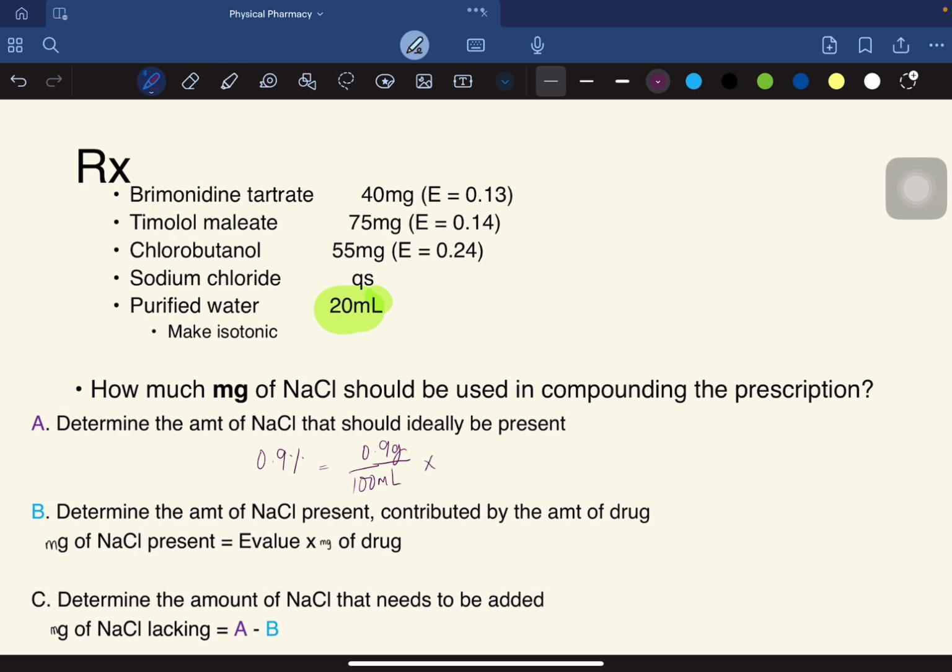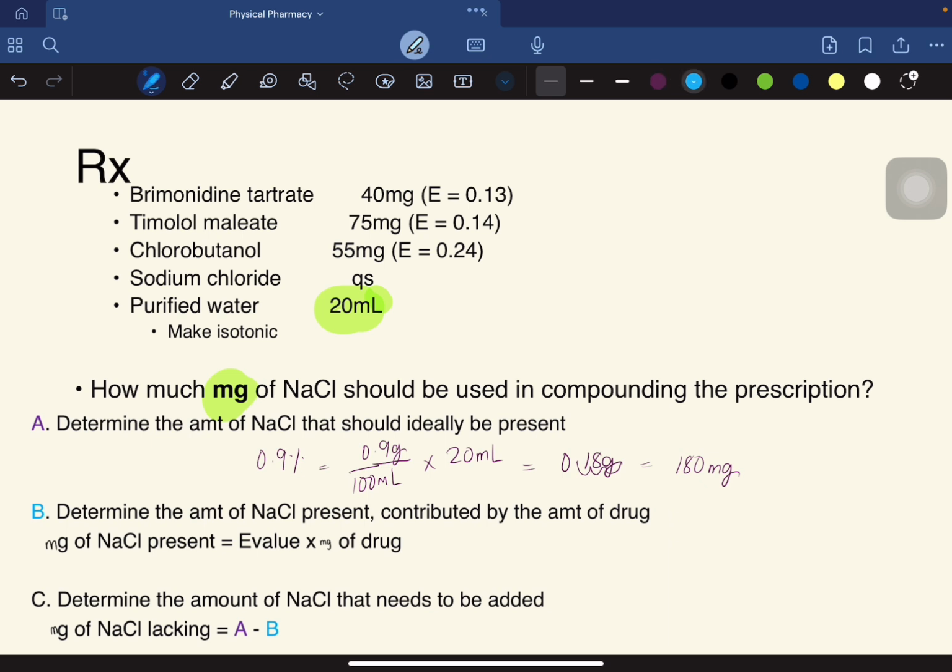So we are going to have to adjust this for 20 ml. So the answer to this is 0.18 grams. But if you look at the question, milligrams yung tinatanong for sodium chloride. So we are going to have to convert grams to milligrams. Recall your basics, 0.18 grams would be 180 milligrams. So that is the ideal amount of sodium chloride that should ideally be present kapag milligrams yung unit.